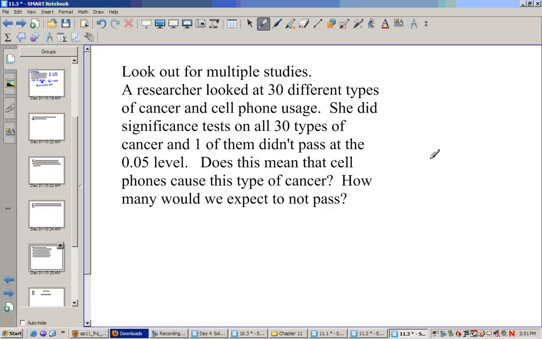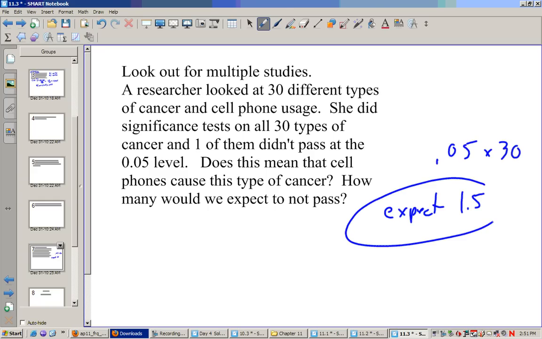So 5% of the time, you're going to get a study that passes by chance. If you multiply 0.05 times 30, if you do 30 studies, you would expect 1.5 of them to fall inside the 0.05 level just by chance.